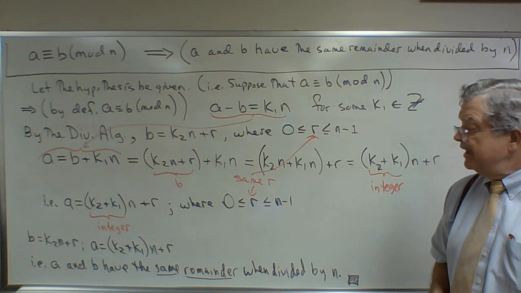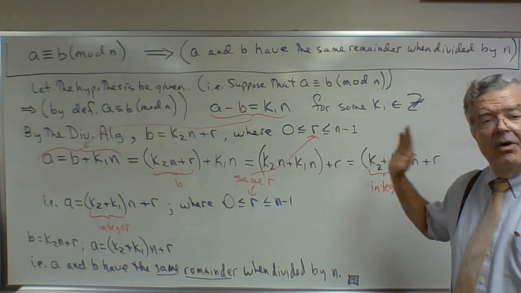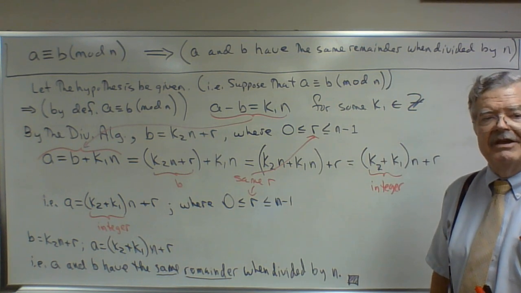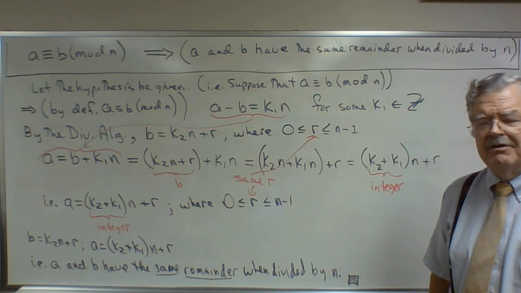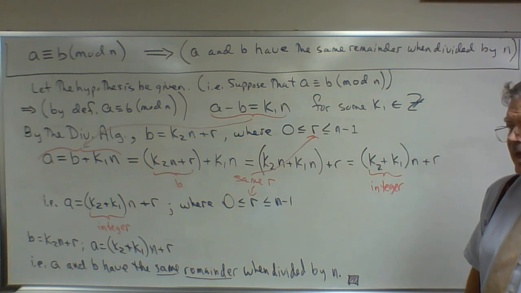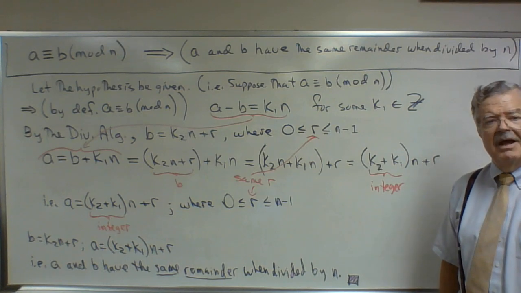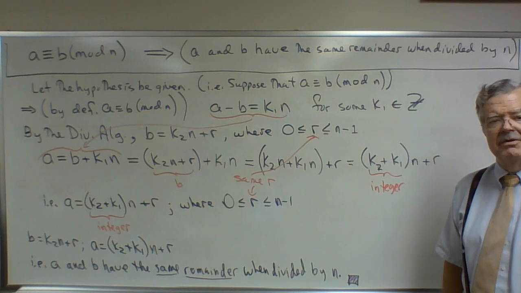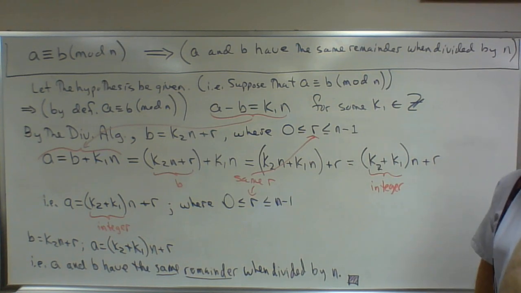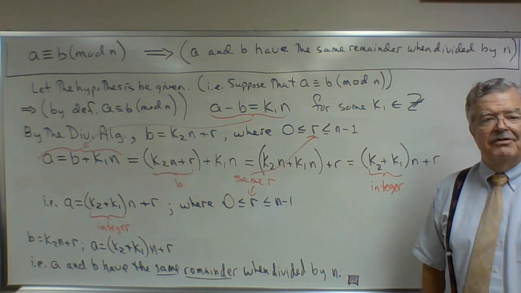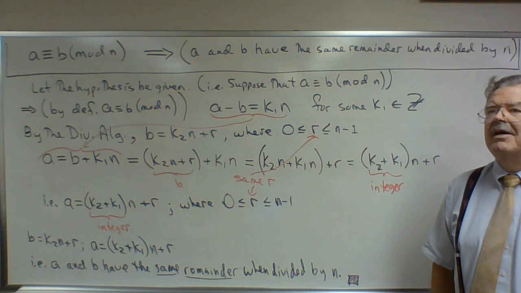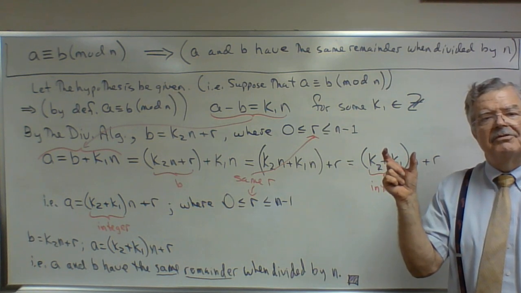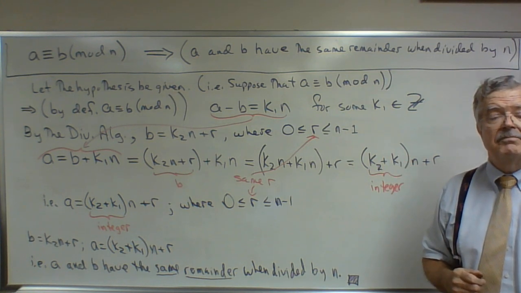Now, this is an alternative characterization of congruence modulo n. Depending on how this topic of congruence is introduced, we can use the definition of congruent modulo n as being that the difference of two numbers is a whole number multiple of n.